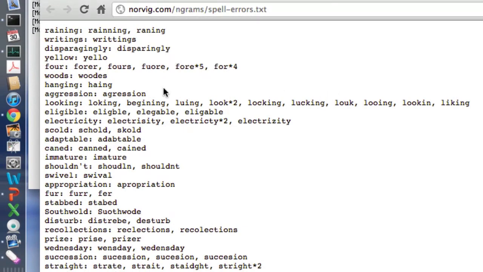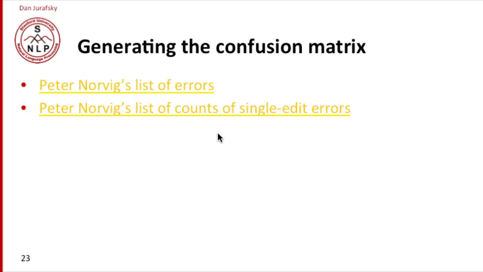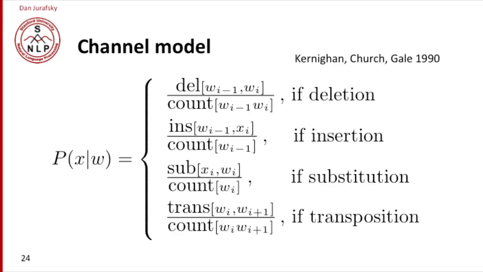And from a set of errors like this, so here are misspellings of adaptable, or immature with only one M, and so on. So various kinds of likely misspellings. From this list of errors, we can get a list of counts for every possible single edit error of how often it happens. And from that we build our little confusion matrix. And then from the confusion matrix, we can generate probabilities.